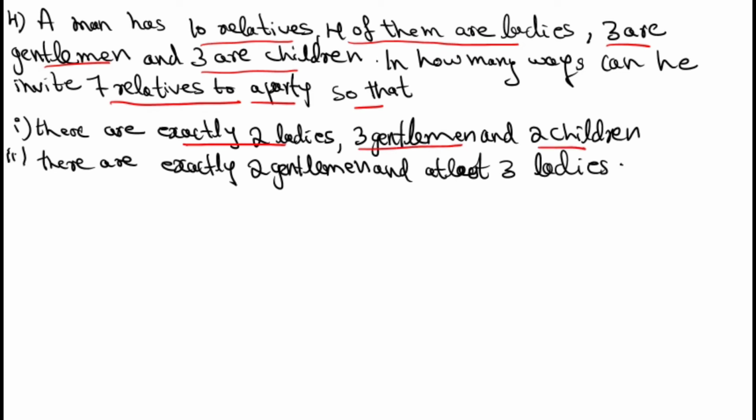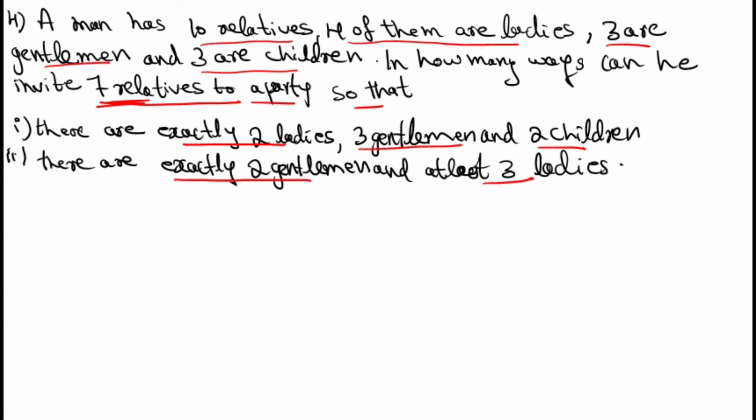That means only 2 ladies, only 3 gentlemen, and only 2 children. Second condition is there are exactly 2 gentlemen and at least 3 ladies. At least 3 ladies means 3 and 4 are possible. Remaining number you need to select children. Here they are not mentioned as children, but remember the question is given as 7 relatives. So 2 gentlemen, at least 3 ladies, remaining number you need to select children.